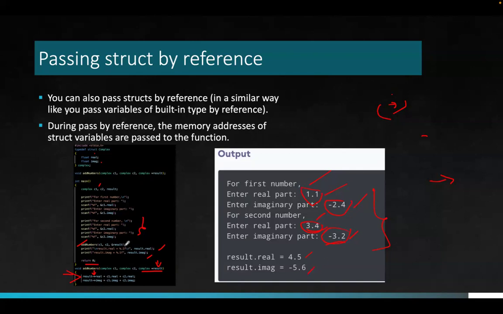This is how it gets calculated and assigned. So we understood how a function can expect an argument as a structure, return a structure, and expect a pointer as a reference variable to the structure as well. So these are the three different types that are possible and accessed in C.